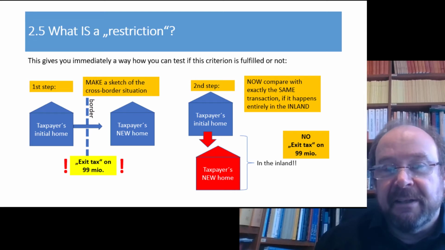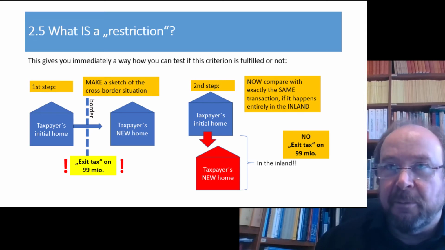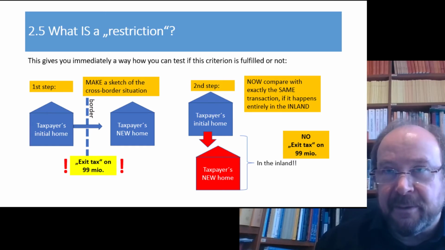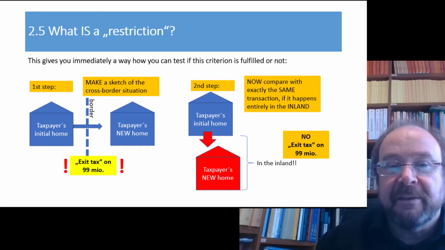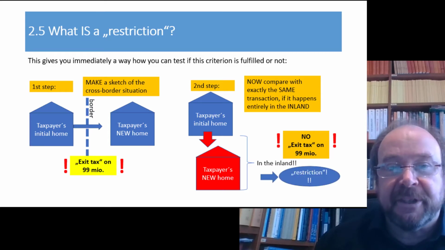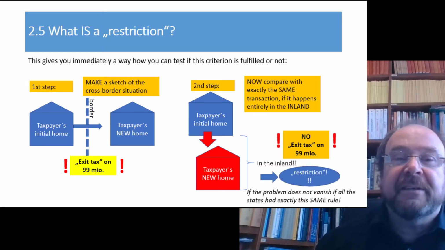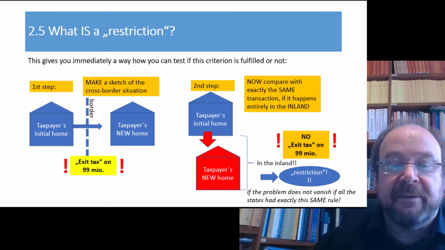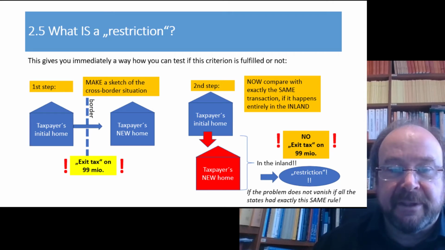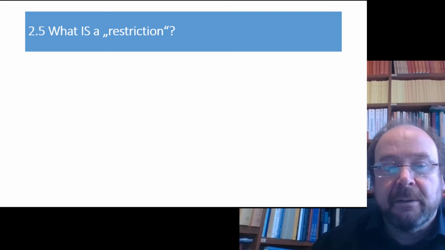That means evidently we have here less attractive or more drastic consequences in the cross-border situation than in the inland situation. So yes, it is a restriction. And if that problem doesn't vanish if the states have exactly the same rule, then yes, it is a restriction. Okay.